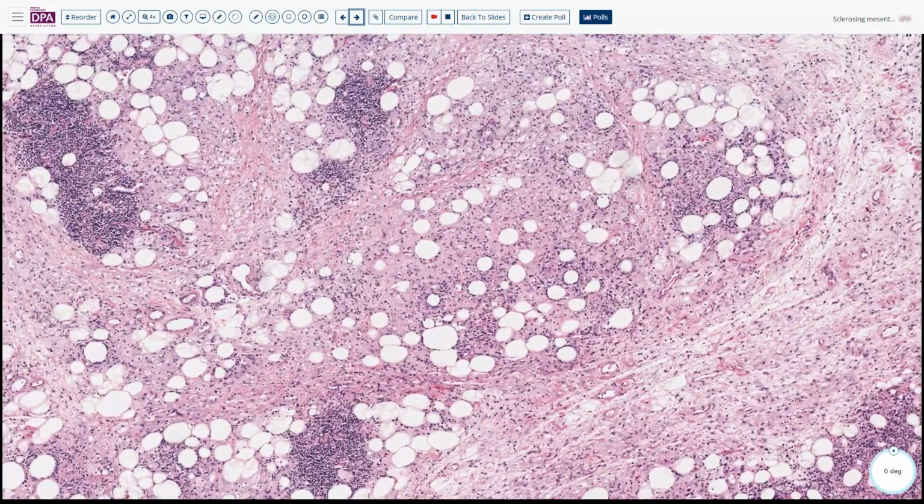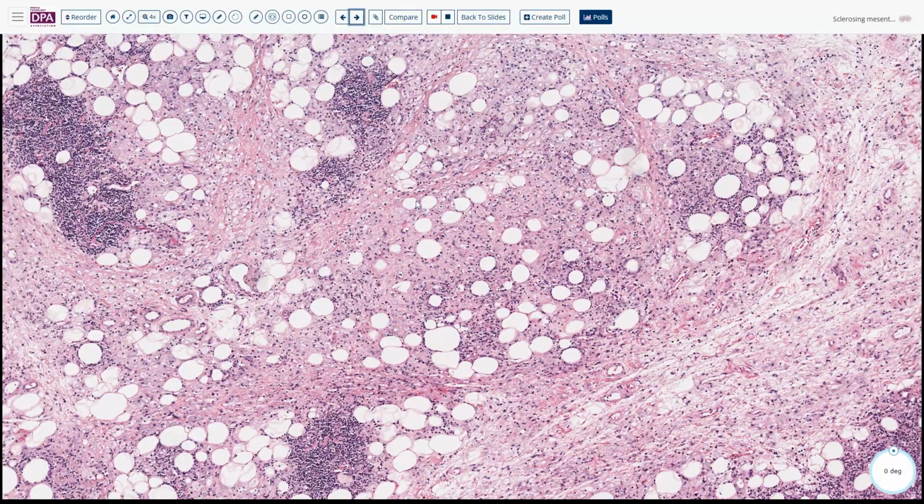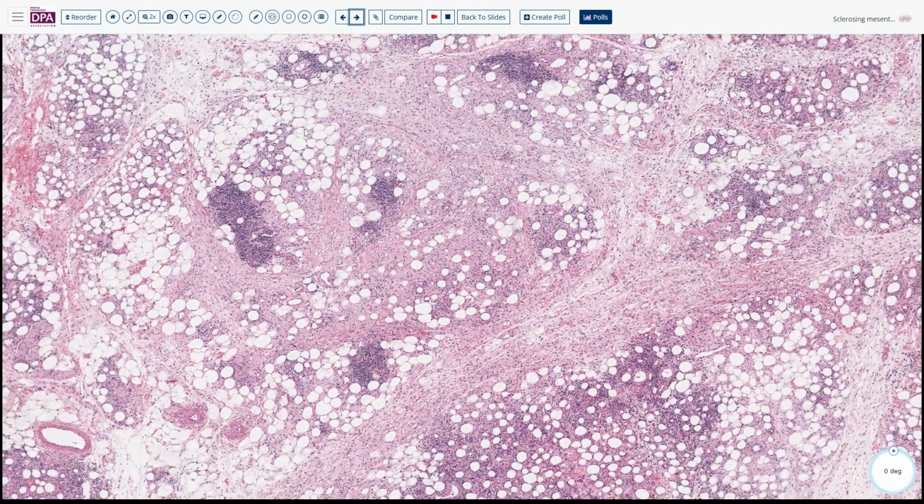I can go a little bit higher power. We can see the fat cells in between. They have this hyalinized stroma and a lot of inflammatory cells here. So this is nodular fat necrosis surrounded by this fibroblast.